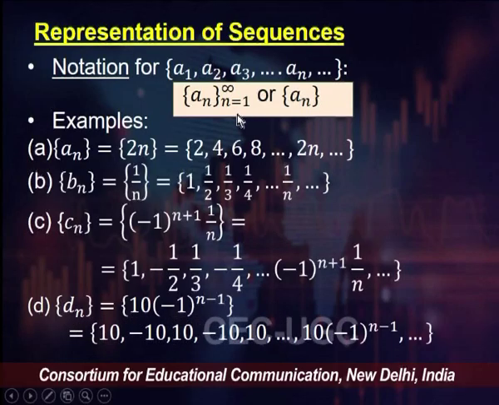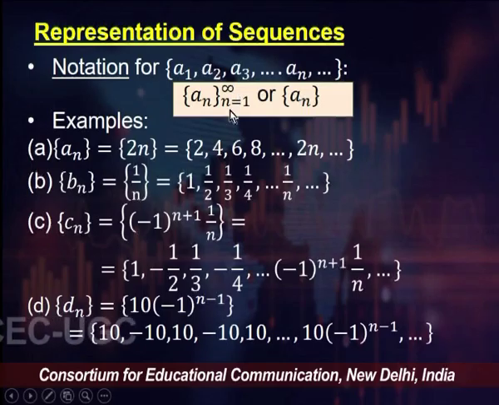If we want to use an alternative notation, we can also specify that n goes from 1 to infinity, but that is not needed because it is understood that if you have an infinite sequence, the n's would be the set of positive integers. So you can simply do with this notation, which we are going to use for this video, where we just write the general term in curly brackets, and that then represents a sequence.